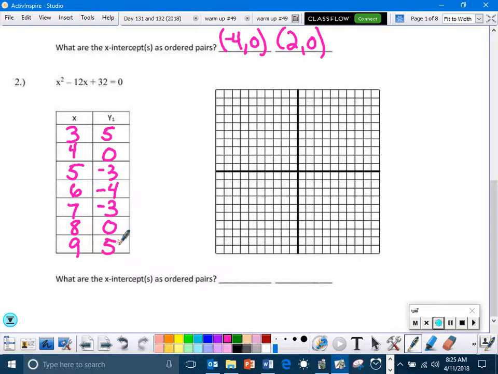All right, let's graph it. Whoops, wrong direction. Let me start that over again.